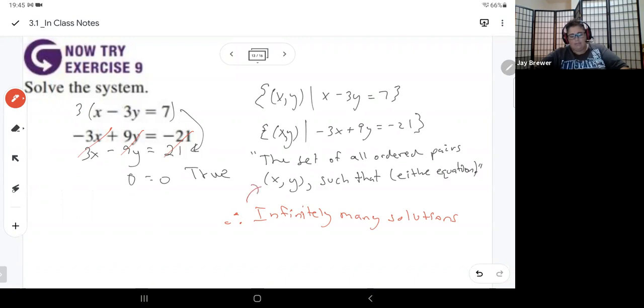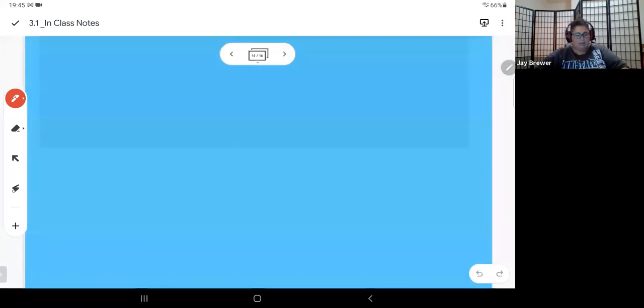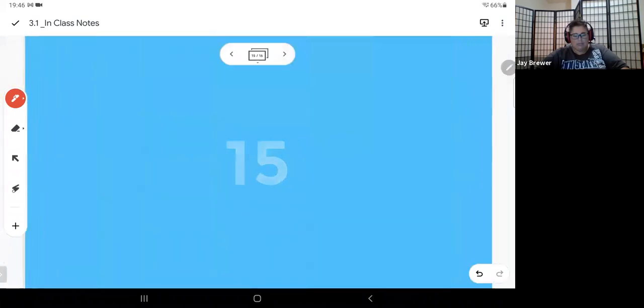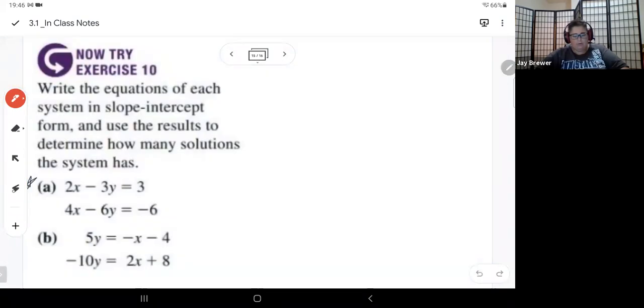So these are basically the same thing. Okay. So we just saw both of these. We saw a no solution with a false statement, and we saw infinitely many solutions with the true statement. So we're just going to see two more here, and that's okay. It's extra practice. That's all right.